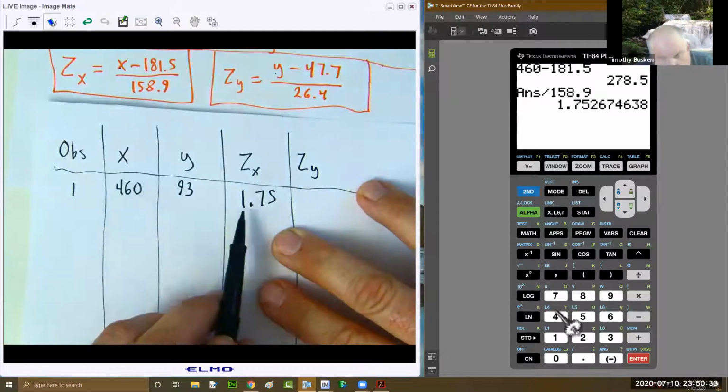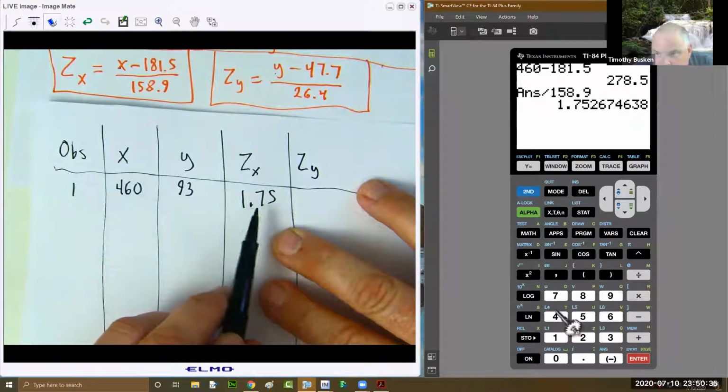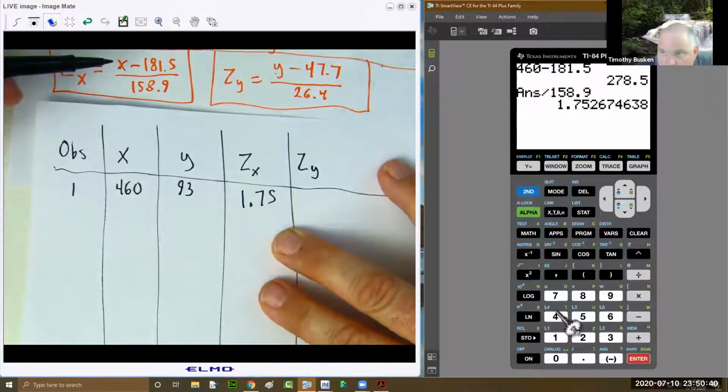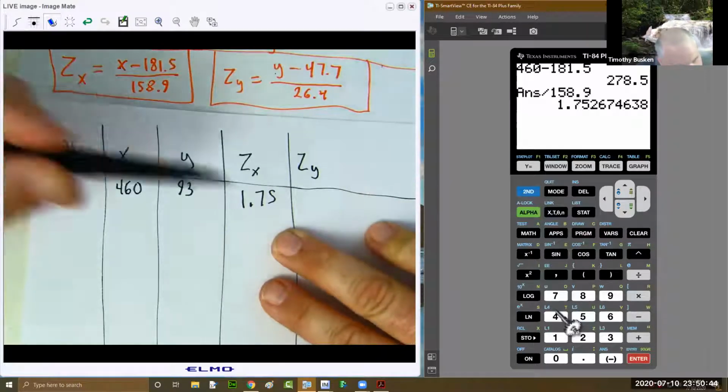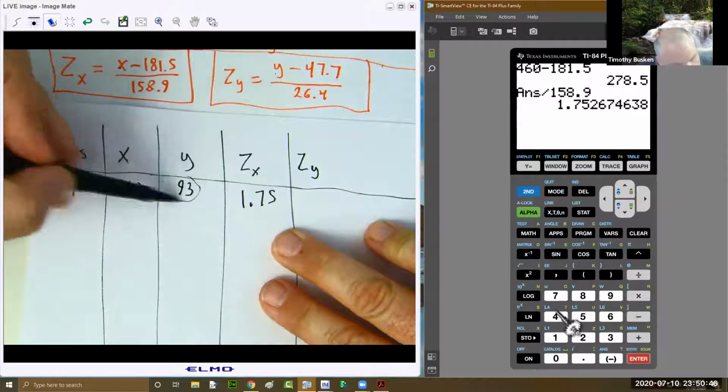460 is 1.75 standard deviation lengths away from the average of 181.5. All right, so the zy, we're going to plug 93 in here.